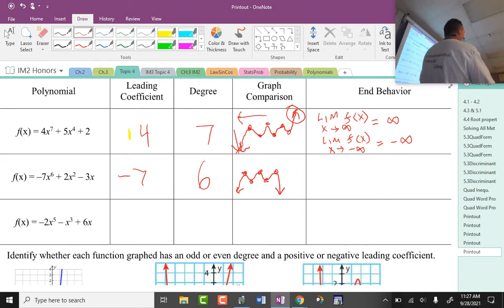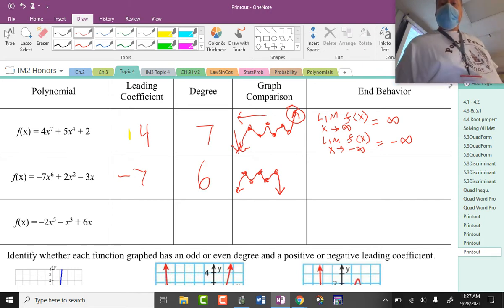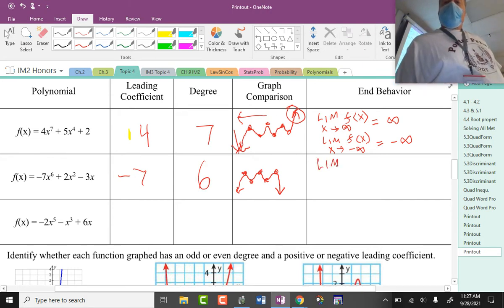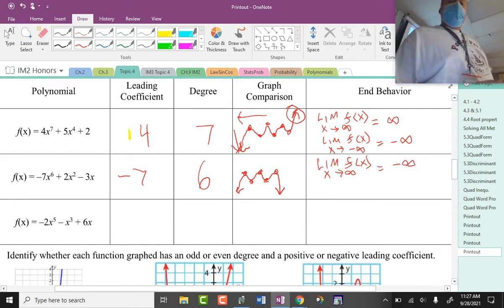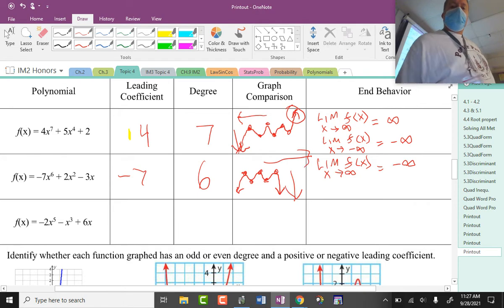So really what this person was asking is this most mirrors a negative x to the second, an even degree here. So the limit of f of x as x approaches infinity, negative infinity. As the x's get larger, the y's go infinitely down.